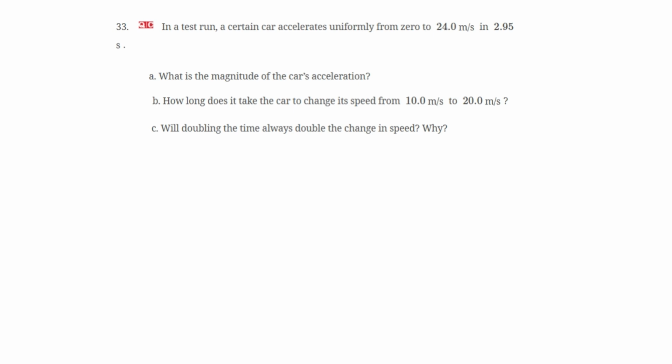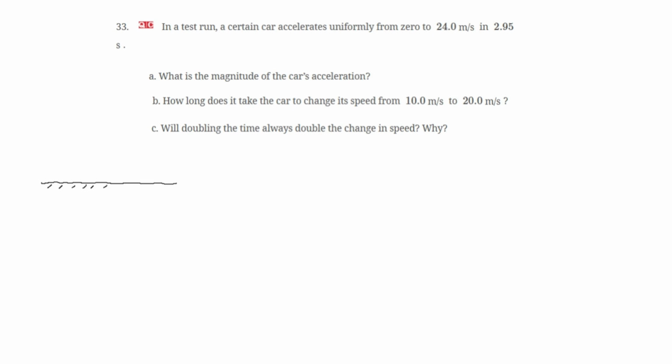So let's see this problem. Let's use a similar approach. So we have here a sketch of what is going on, so we can figure out very easily how to solve the problem.